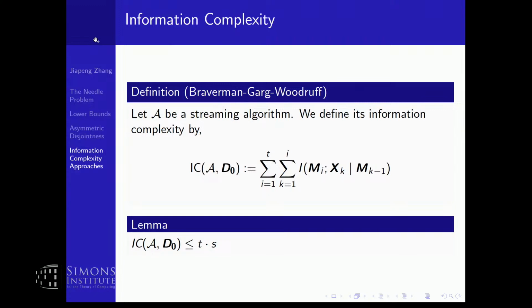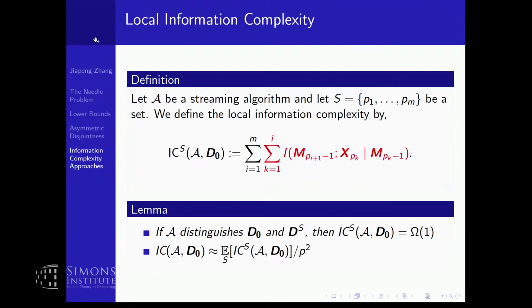Why? Because it is chosen into the local needle information complexity if and only if both I minus 1 and I, or both k minus 1 and k, are chosen to be in the set S. So let me go back to here.